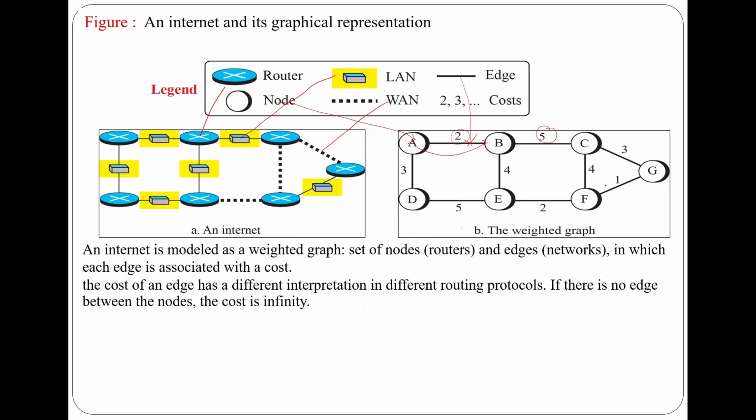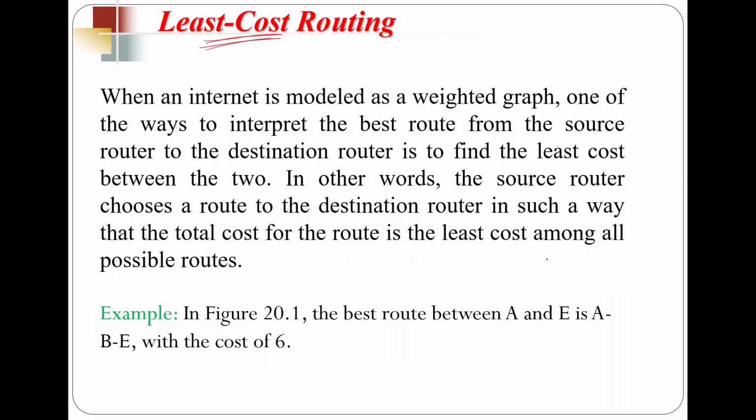Whenever there is exchange of information between these two routers, the delay is 1. So that is the meaning of cost here. We can understand this numeric value as a cost or otherwise as a delay. Anything like that is called a metric, right?